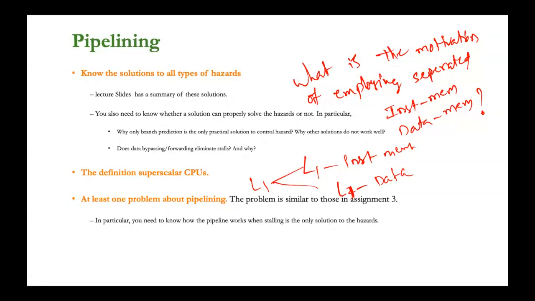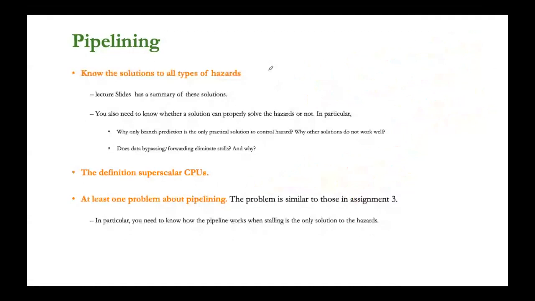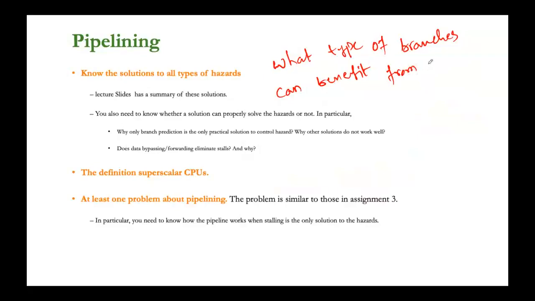Okay, and another type of question may ask you, what types of branches can benefit from correlated branch prediction, which we discussed in the previous class?